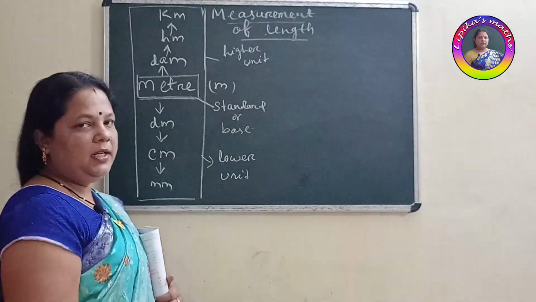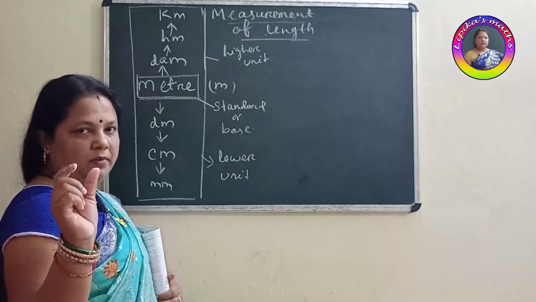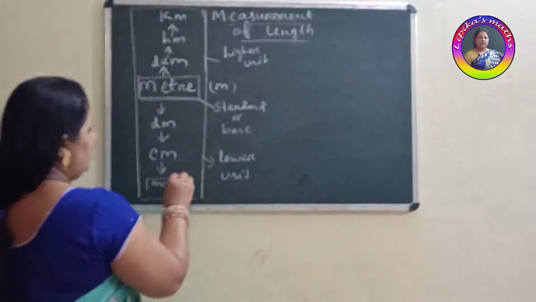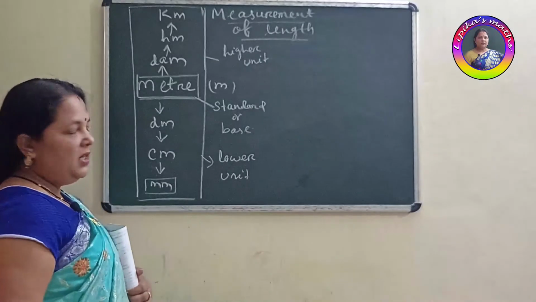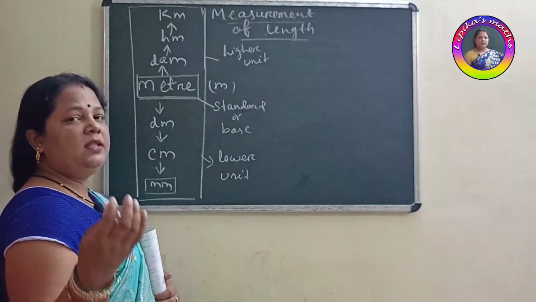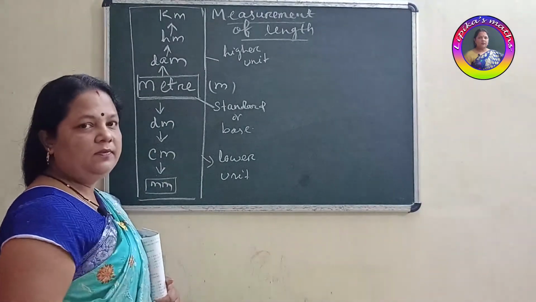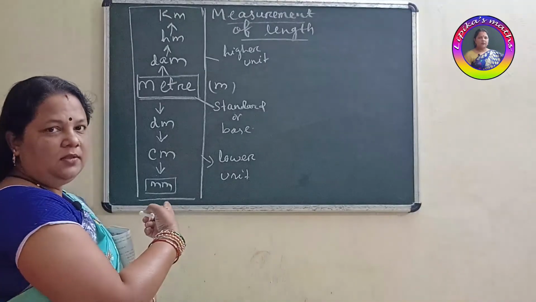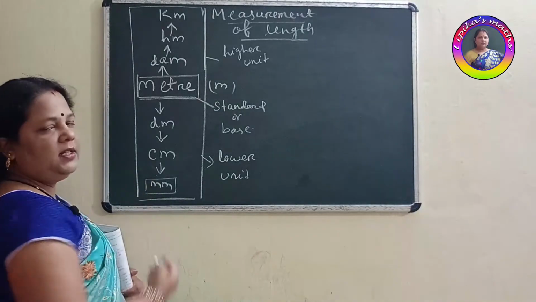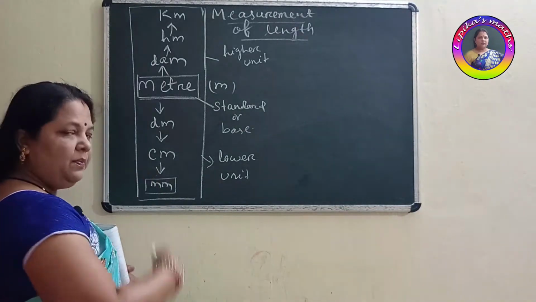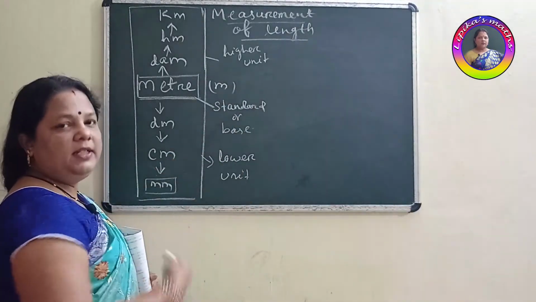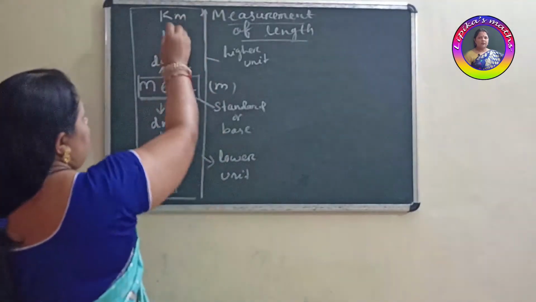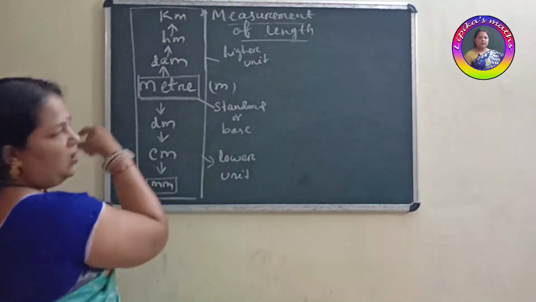What is the length of an eraser? It is a small object, so for a small object, we can use the smaller unit. If I ask, what is the distance between Cuttack and Bhubaneswar? In that case, will you use millimeter? No. For the distance from one place to another, the longer distance, we have to use the higher units.